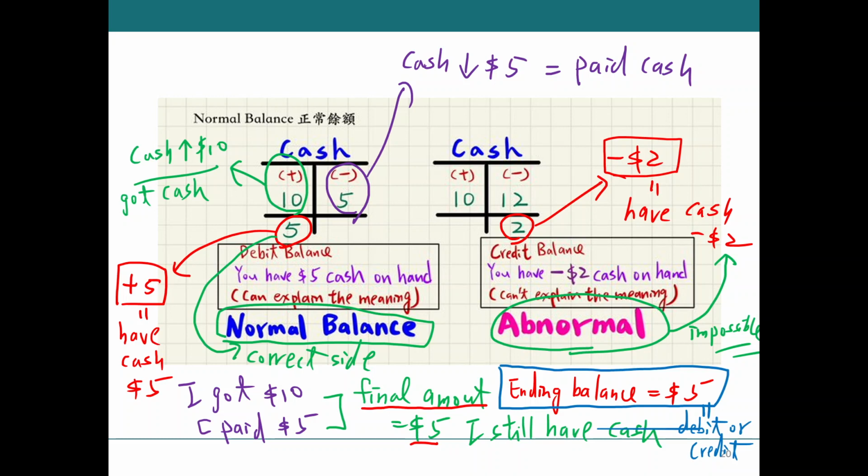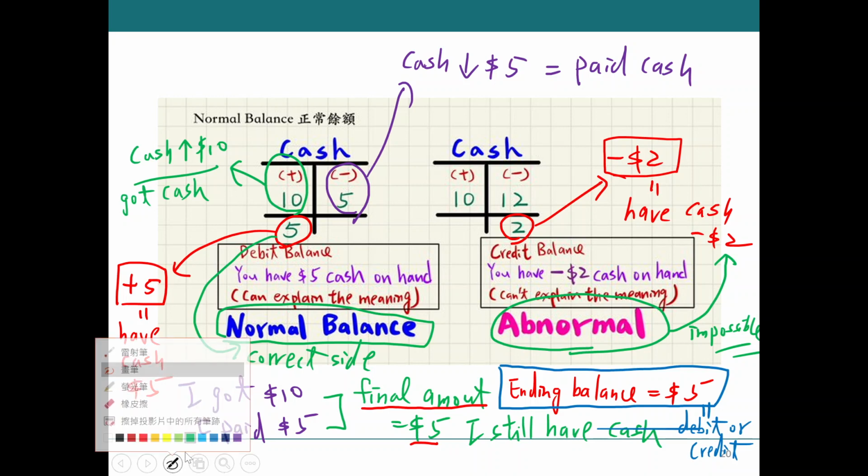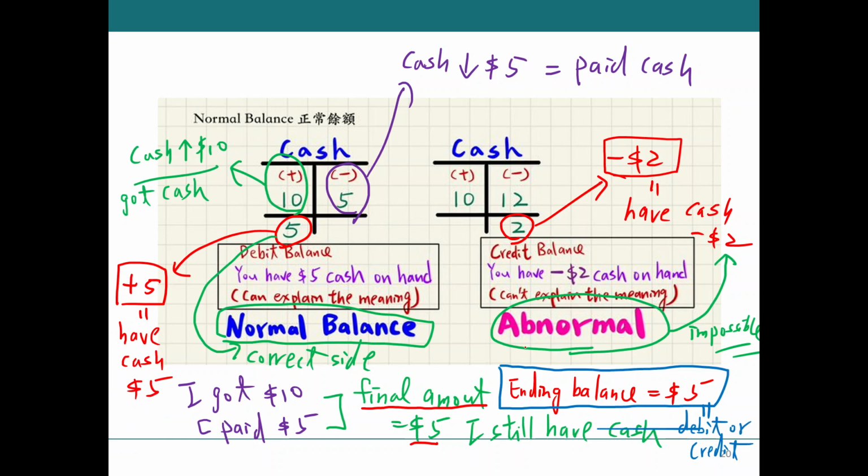So abnormal means your final amount appears on the incorrect side.